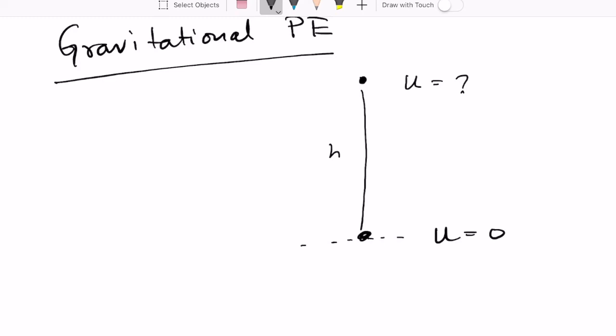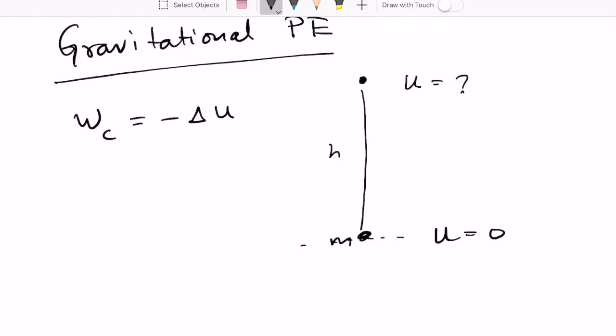So how do we do that? Well, same equation: work done by a conservative force is the negative of the change of potential energy. The conservative force here is gravity, and the object has mass m, let's say. So what is the work done by gravity?